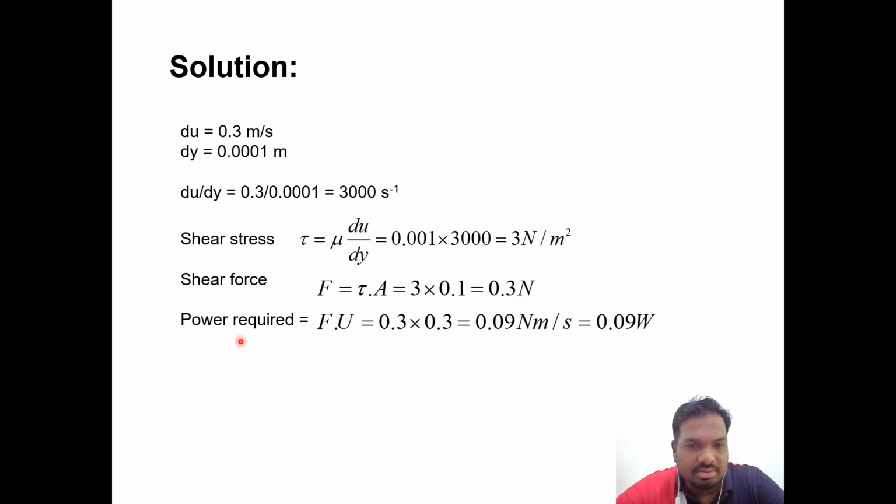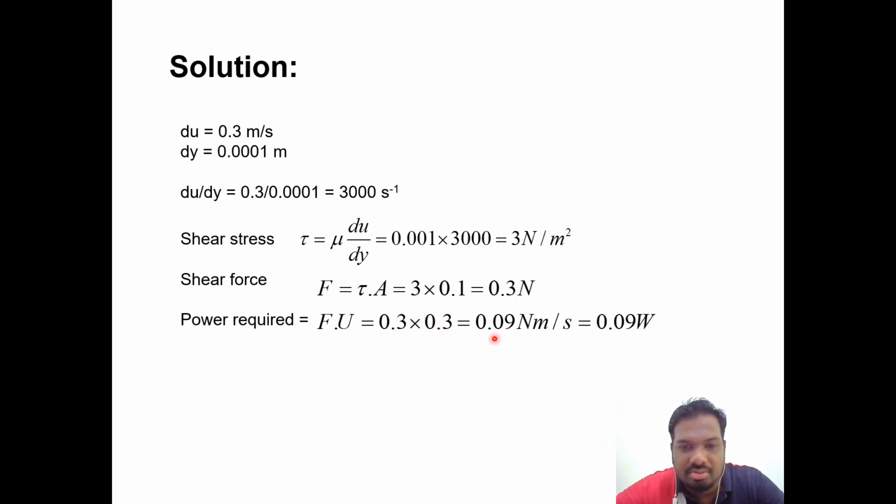And power. The power formula is power equals Fv, force times velocity. Since the velocity is given as 0.3 meter per second, and force is calculated 0.3, just 0.3 times 0.3.